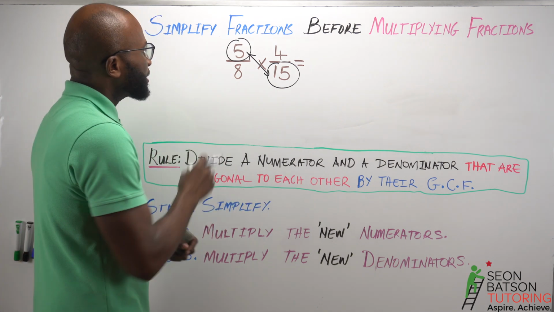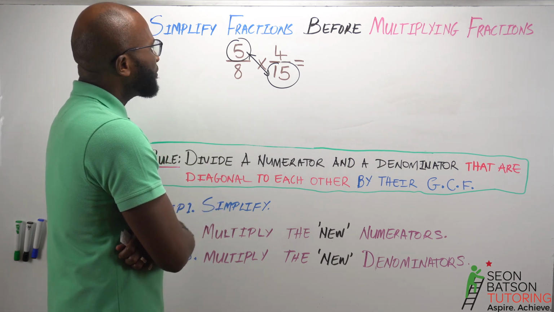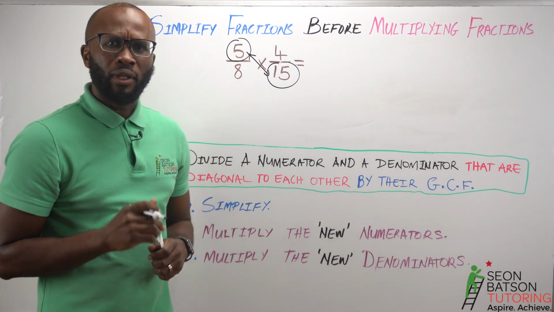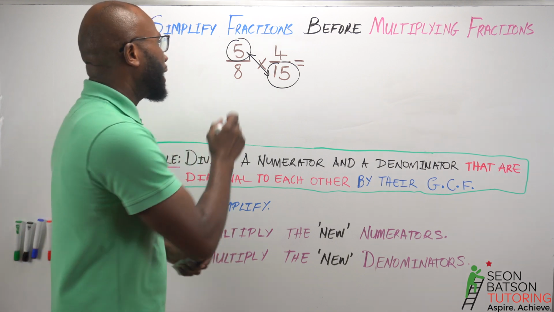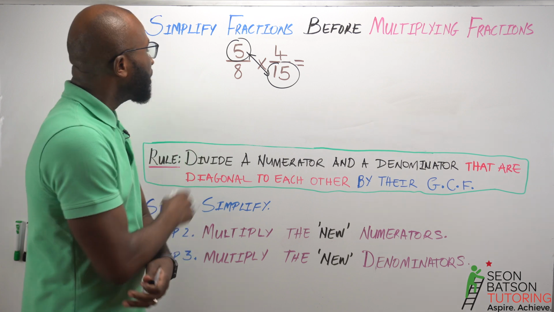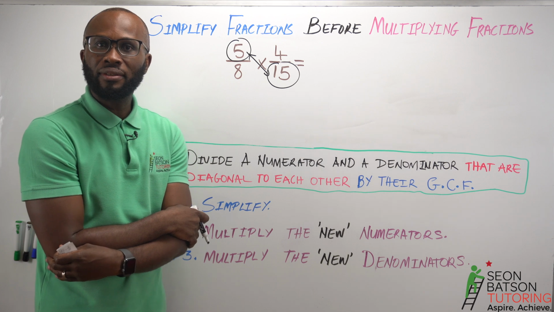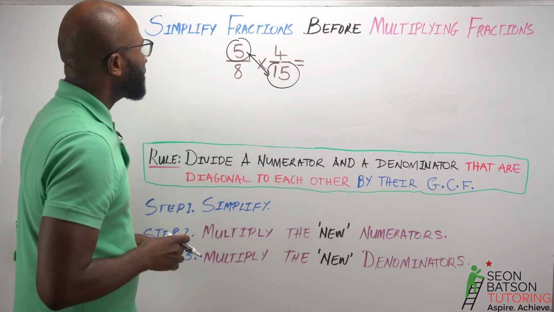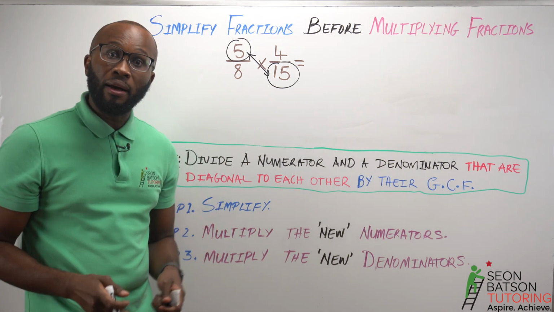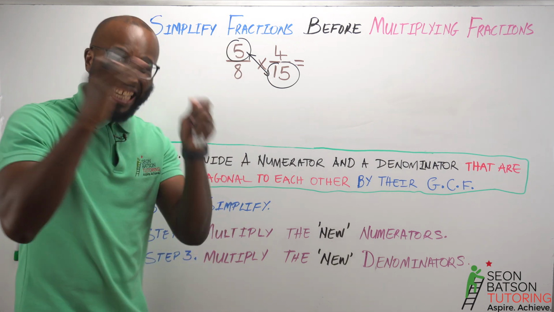To simplify the 5 and the 15, we will divide them by their greatest common factor, or the biggest number that can go into 5 and 15 evenly. Now, can you tell me what is the greatest common factor for 5 and 15? Well, the greatest common factor for 5 and 15 is 5, because 5 is the biggest number that can go into 5 and 15 evenly.